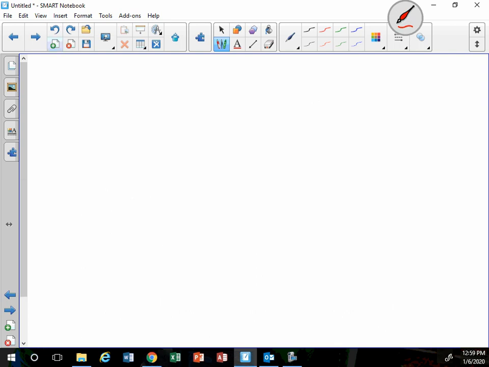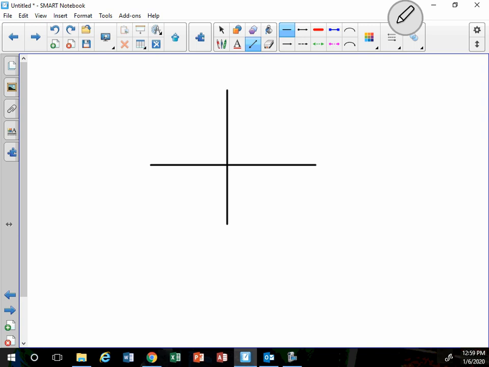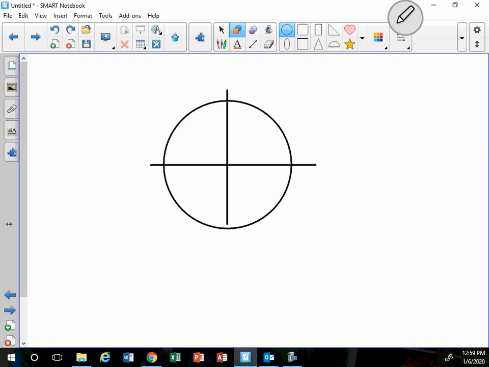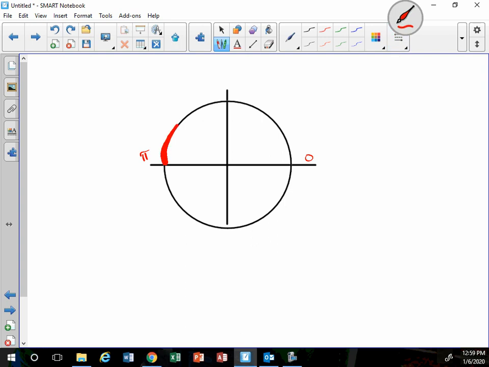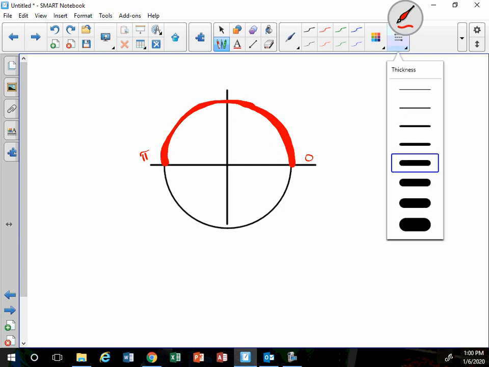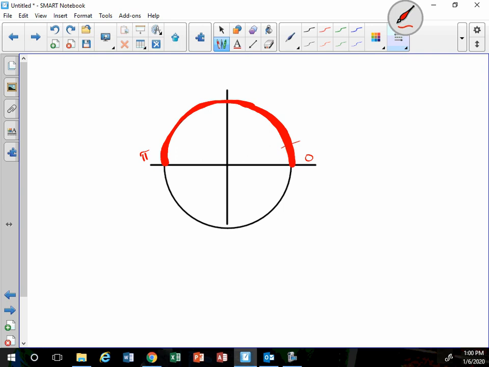I'm going to draw another circle for you so we can think about what that actually means as far as our answer options. So guys, there's 0 and there's pi, right? So I can only use this part of the circle, which means I'm going to have just the normal labels.